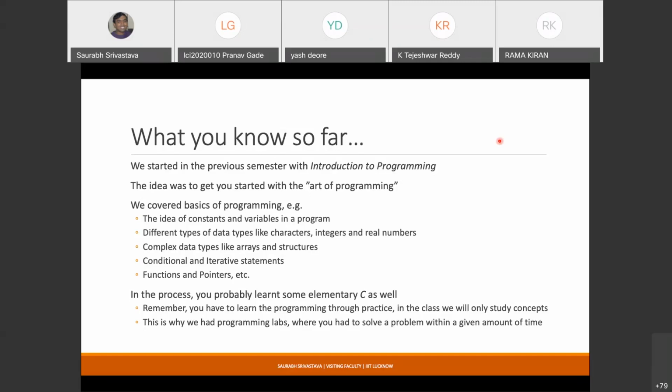And this is why we started off with things like constants and variables. We wrote some pseudocode algorithms and stuff like that. The idea was that you have to get involved in the area of programming and come up with a new thinking process, where whenever a problem is assigned to you, you think: what are the constants here and what are the variables here?